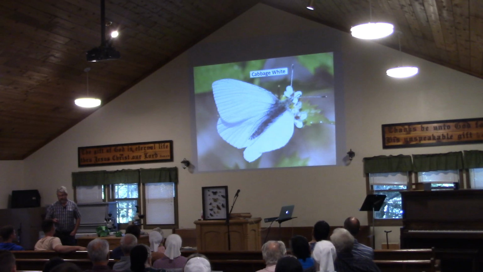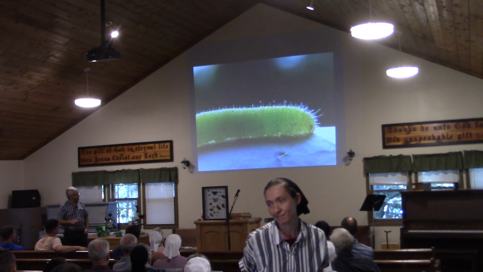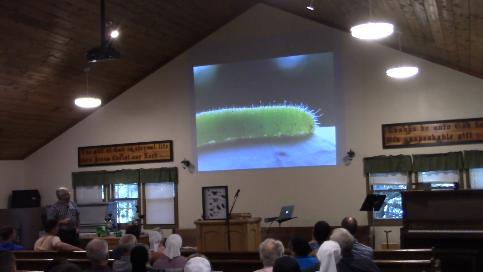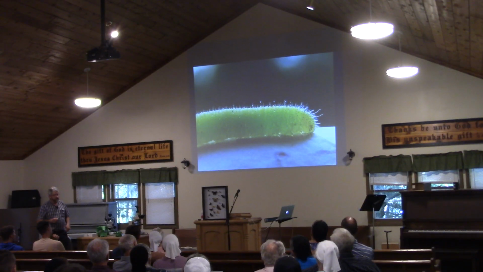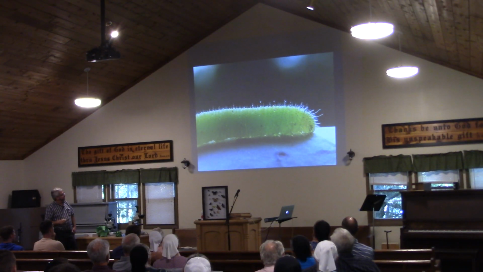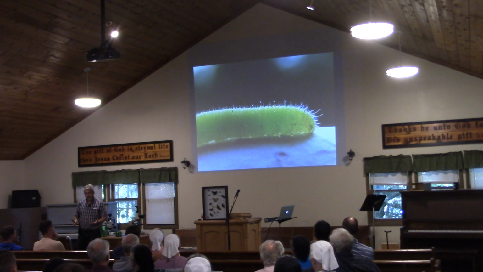Now, everything has a story. And the worm is eating your cabbage. It doesn't look appealing to you, but it looks appealing to other things. But of course, God gave it a way to protect itself. It has all these hairs over it, and little poison droplets on the hairs, glandular hairs, some of them produce poison. So not everything's going to eat that.